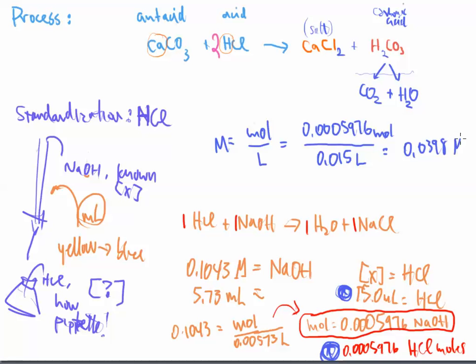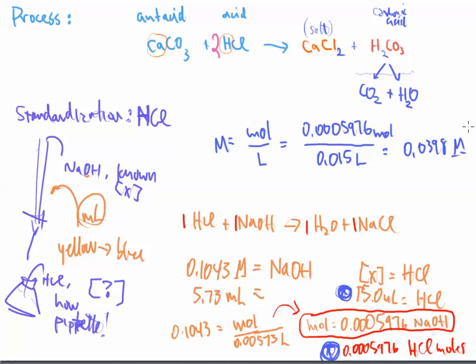So based on these numbers that I've provided, just made them up, the concentration of my hydrochloric acid is going to be 0.0398 molarity. And this is the first half to solving how much antacid is in that tablet.